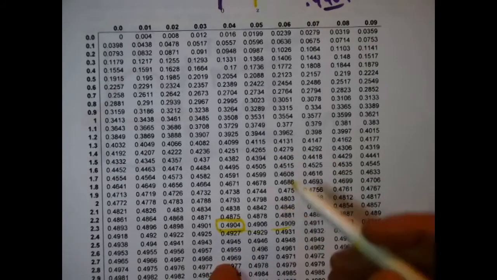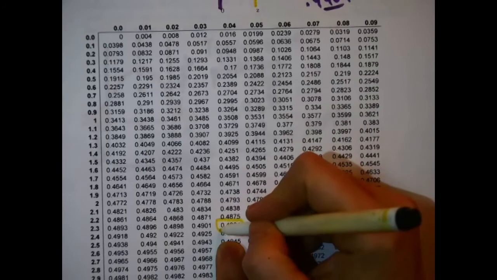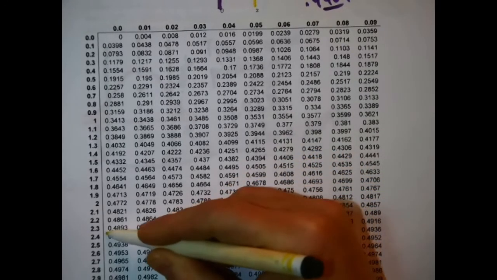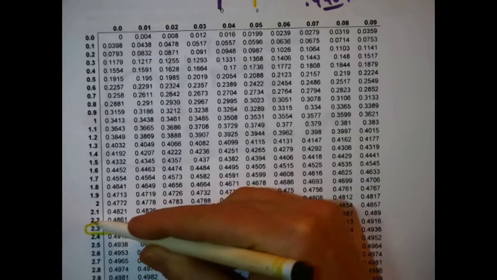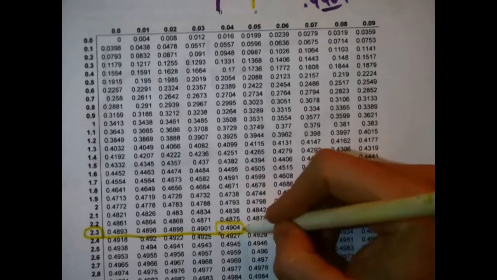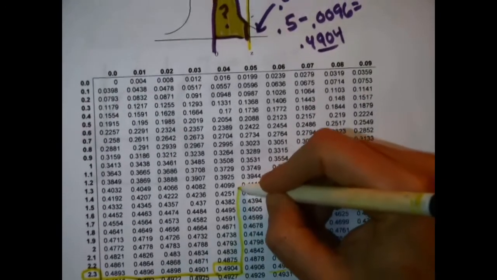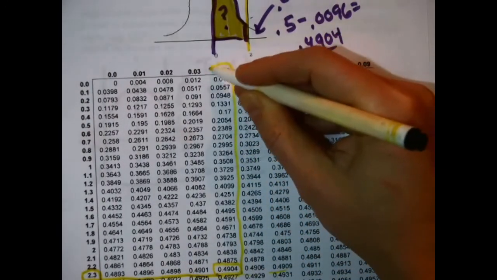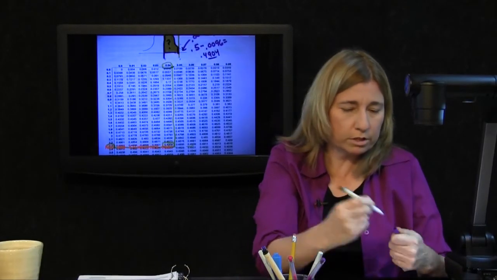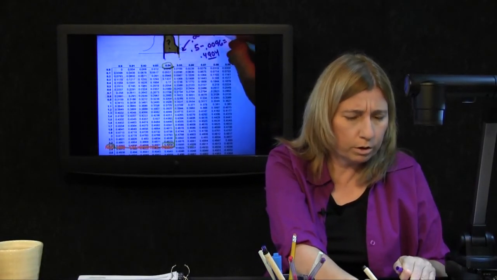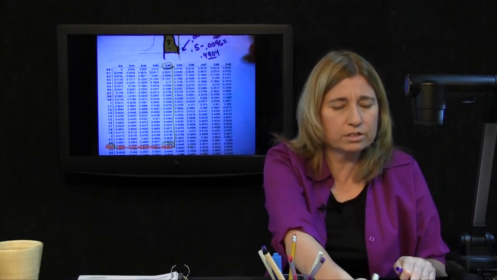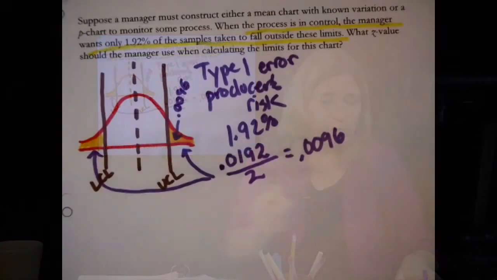0.4904. Now wait. How do I find out what z value is associated with that? Trace the row that it's on. There's the first 2 digits. A z of 2.3. 2.3 what? Trace up. What column are we in? 0.04? Then you can assemble the z-score because it would be the row 2.3, the column 4. There it is right there. That's the z that you should use. Got to remember that.